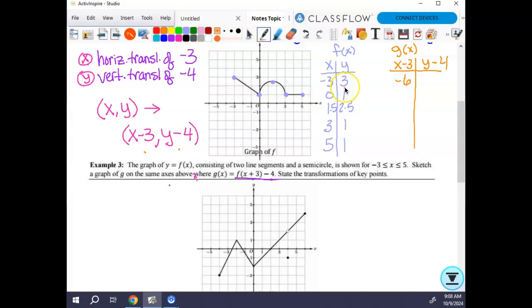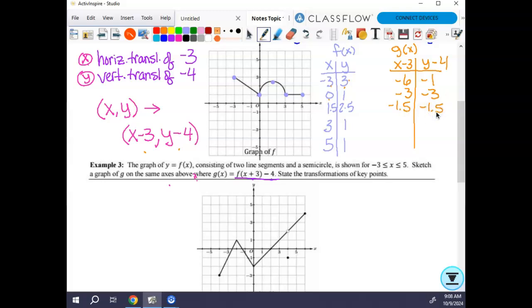Then I would do 3 minus 4, which would give me a negative 1. So that means that this point becomes this point. Then I'm going to do 0 minus 3, negative 3. 1 minus 4, negative 3. 1.5 minus 3, negative 1.5. 2.5 minus 4, negative 1.5.